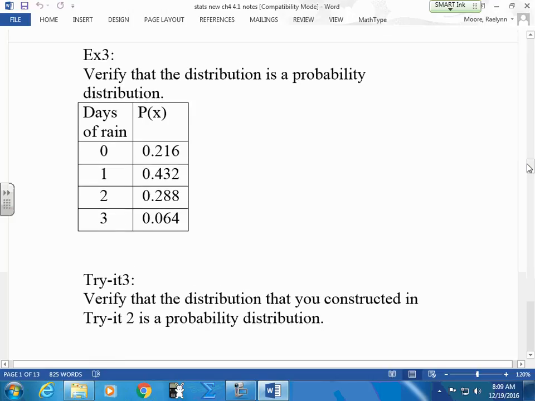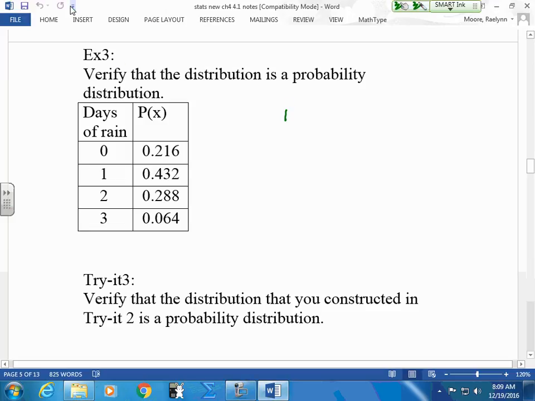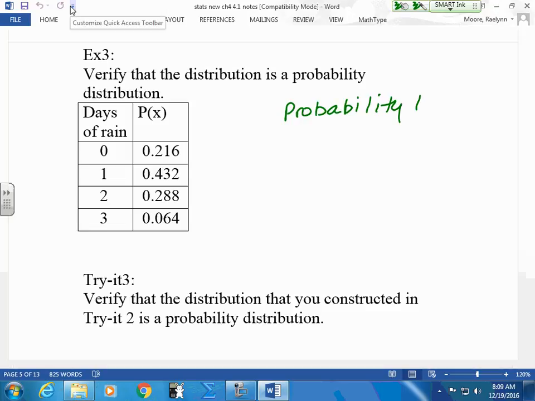So why don't we start with this? You don't have to put this in your book, because we're just going to take a look at, is this a probability distribution? So we had 2 characteristics that we discussed, 2 characteristics to tell if it was a probability distribution. If this is on your note page, make sure you highlight this. One of them says each probability has to be between 0 and 1.